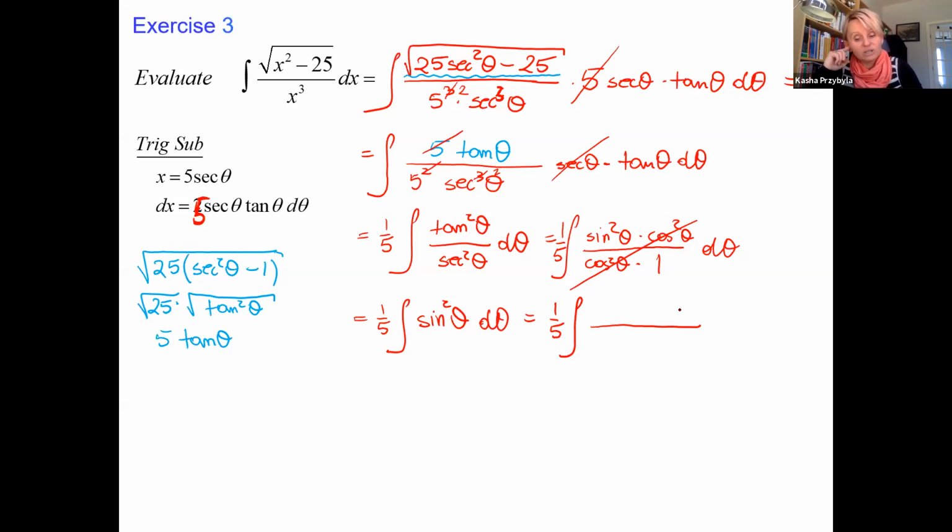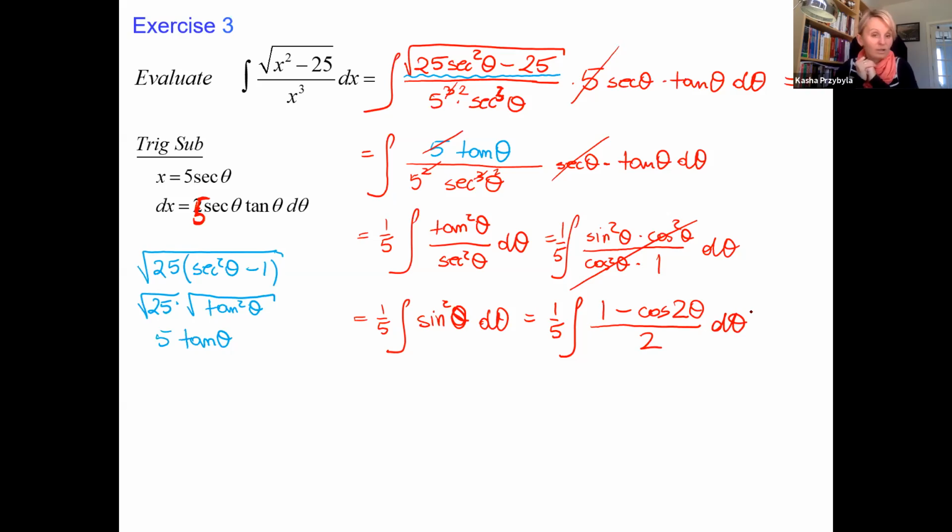No, we will not integrate by parts. If this were inverse sine or inverse tangent, then it would be perfect for integration by parts. But this is just sine squared theta and cosine squared theta. We have to use the half angle formula, which is 1 minus cosine of 2 theta over 2.